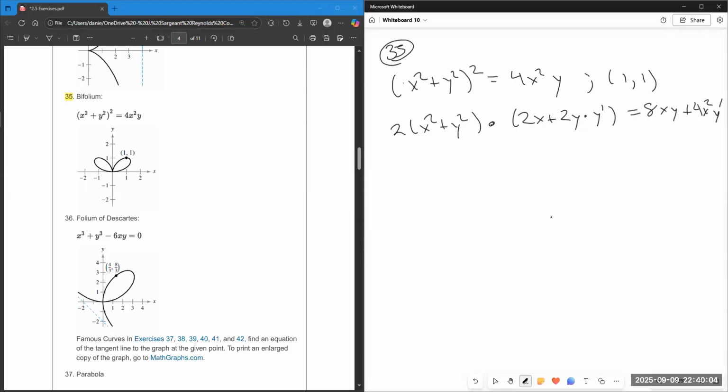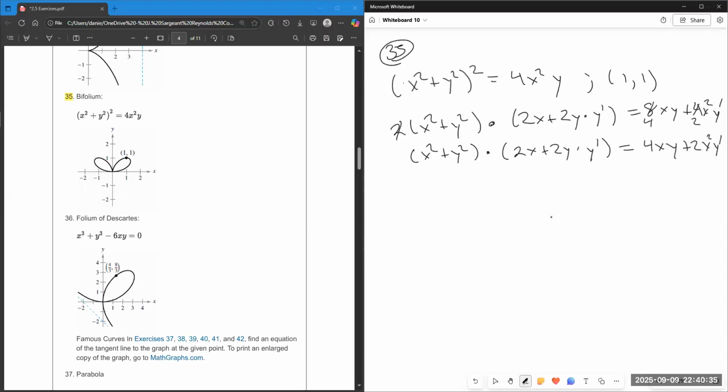So we have, 2 goes into everything, 2, 4, 2. This is (x squared plus y squared) times (2x plus 2y times y prime) equals 4xy plus 2x squared y prime.